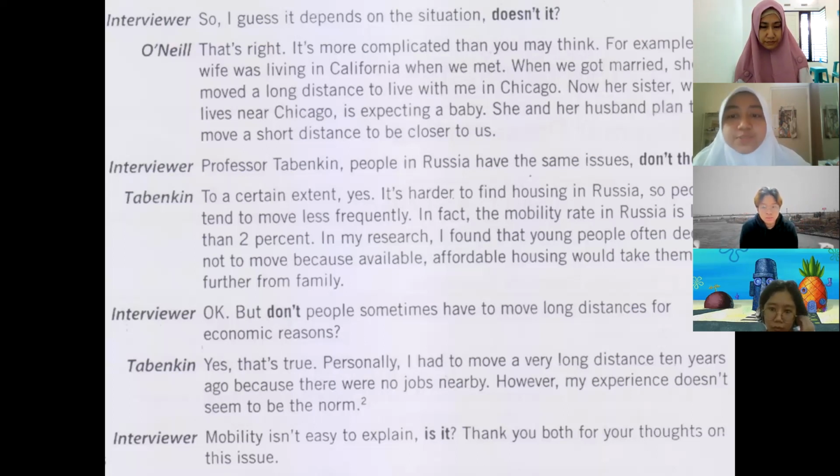Okay, but don't people sometimes have to move long distances for economic reasons? Yes, that's true. Personally, I had to move a very long distance 10 years ago because there were no jobs nearby. However, my experience doesn't seem to be the norm. Mobility isn't easy to explain, is it?